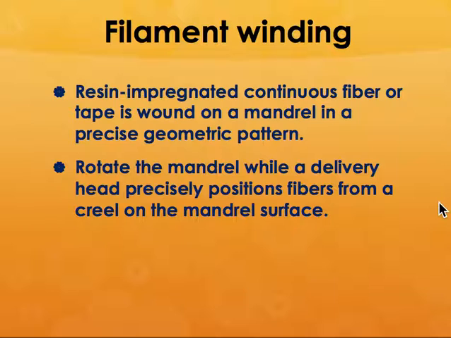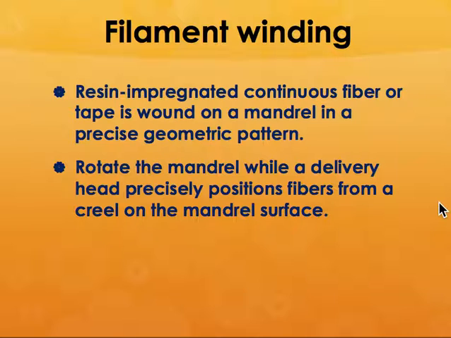The next kind, if you want to make consistent composites with consistent properties, you can use a process called filament winding. You need some kind of a shape around which you wind the fiber that has been resin impregnated, or you take a pre-preg in a precise geometric pattern, and you can control the winding patterns and things like that depending upon the final property that you require.